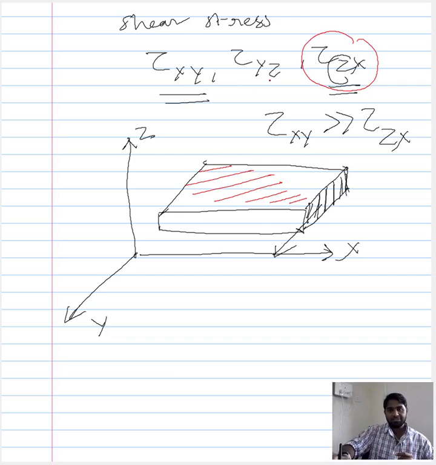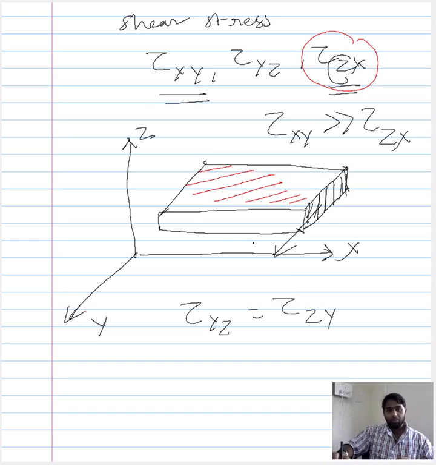Now what is left is tau yz, and we have seen this can also be written as tau zy. This was covered in our previous lecture, where we arrive at a condition where tau yz is equal to tau zy.